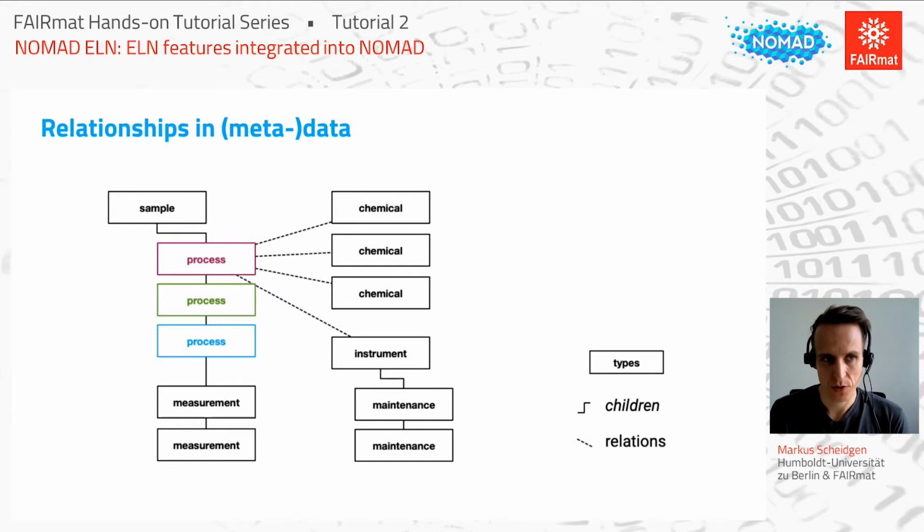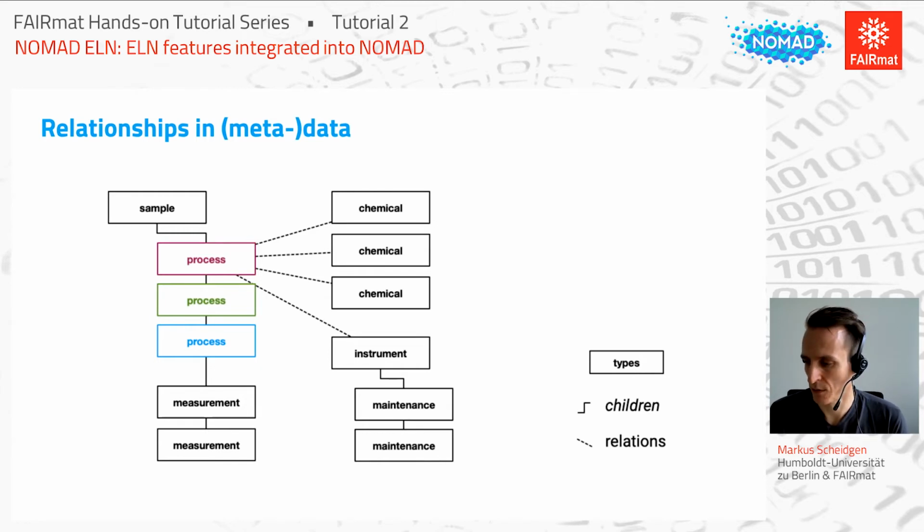For the example that Pepe showed in his talk, where this was about a sample, and then you can apply processes to the sample and then do characterization measurements based on this sample. And then you want to reference and link everything together with chemicals and the instruments that were used, and so on and so forth. You might get a picture like this. I think it's very similar to what Pepe showed.